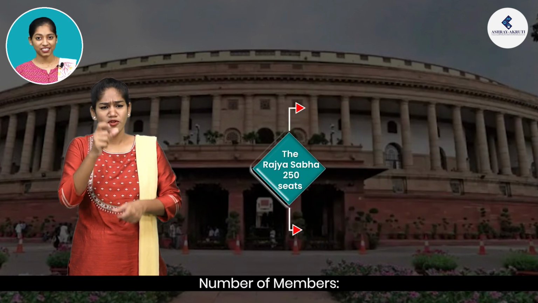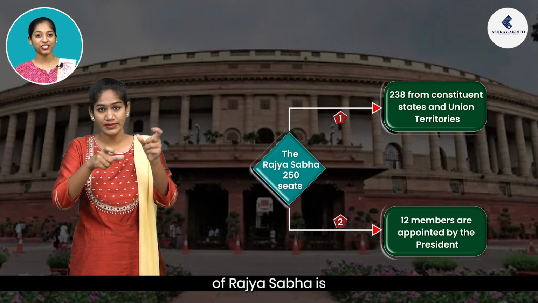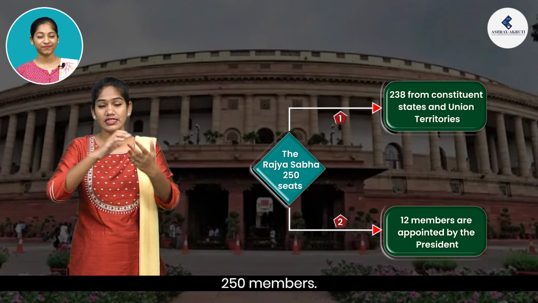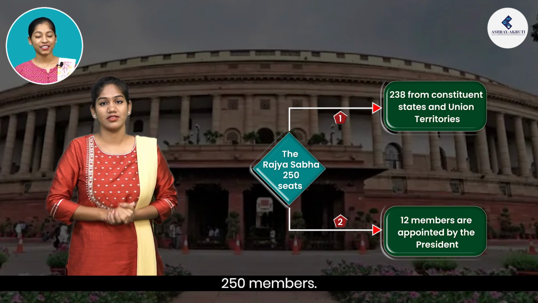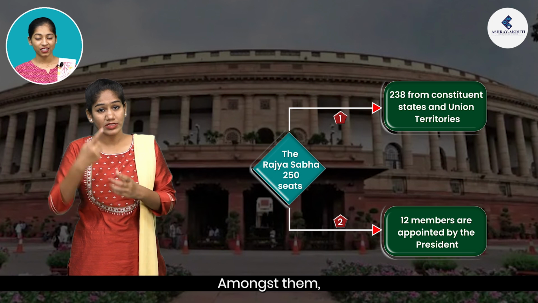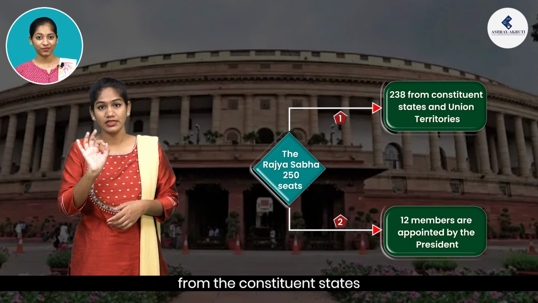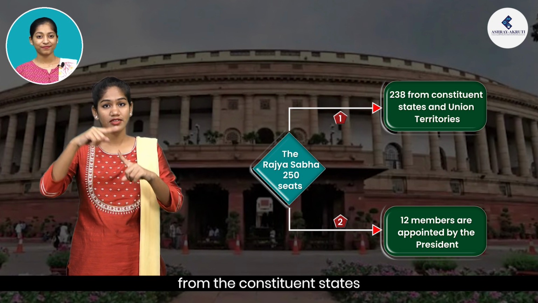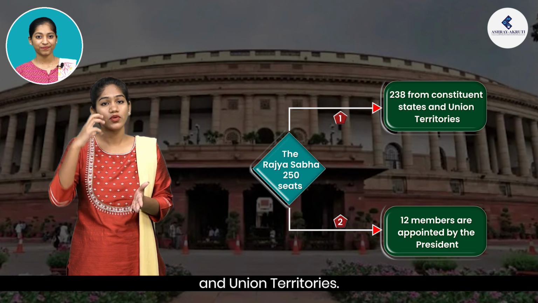Number of members. The total membership of Rajya Sabha is 250 members. Amongst them, 238 members are elected from the constituent states and union territories.